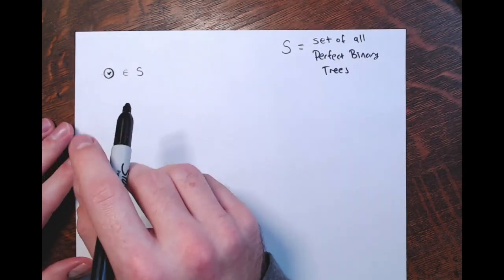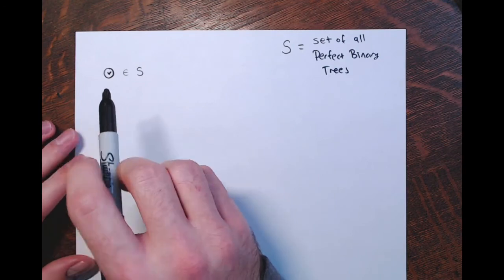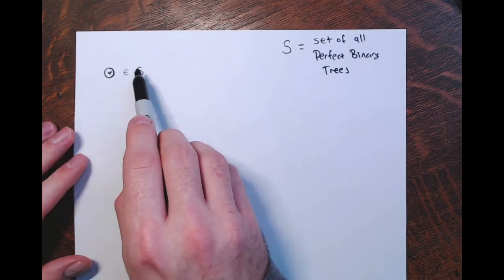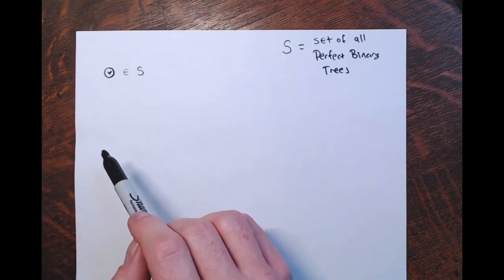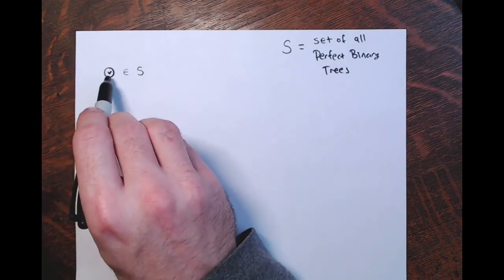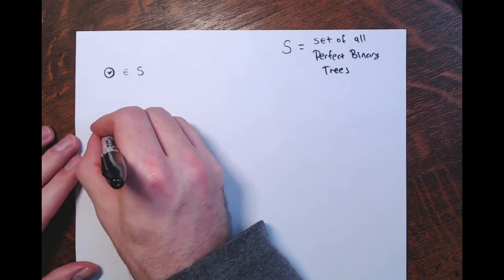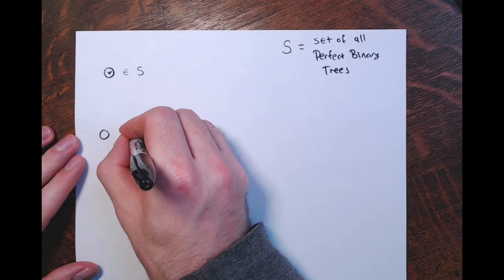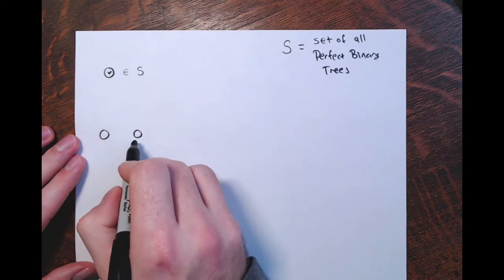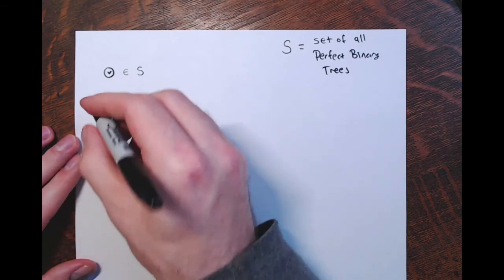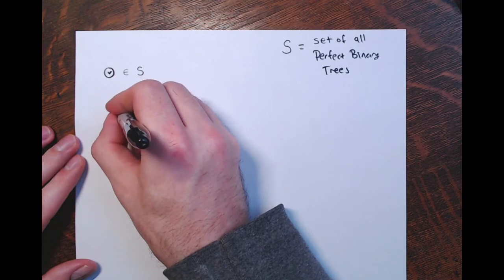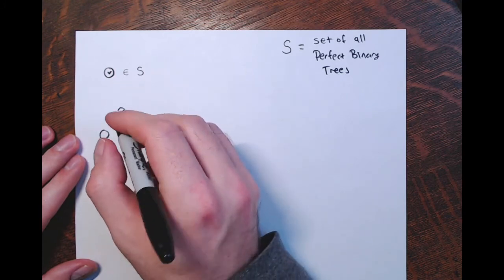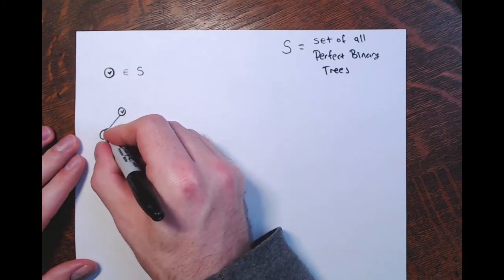Now, here's what the rule was. If you have a perfect binary tree, how do you construct more? This is what the recursive rule tells us. You take that and make two copies of it. So this one was just a single dot. Then create a new vertex above it, call it V now, and connect to the roots of the old ones.